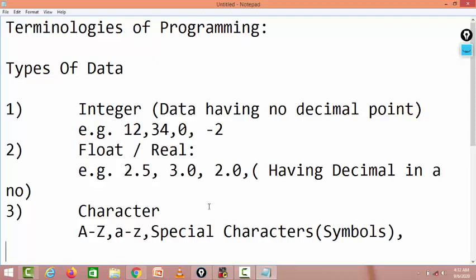For example, this is a set of character data: hash, the question mark, the percent symbol, the less than, the greater than, all these symbols are types of character data.